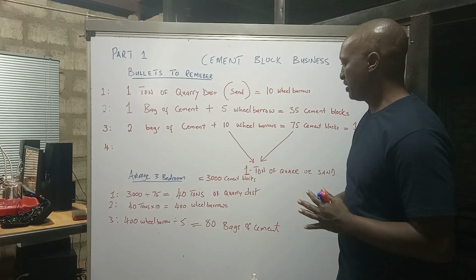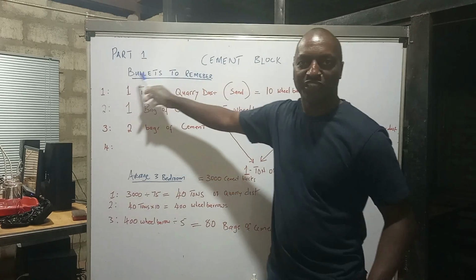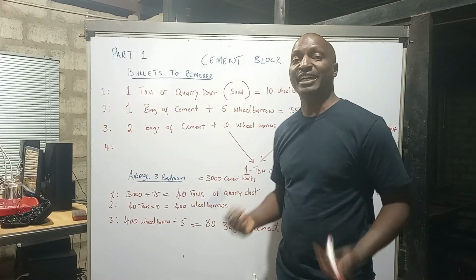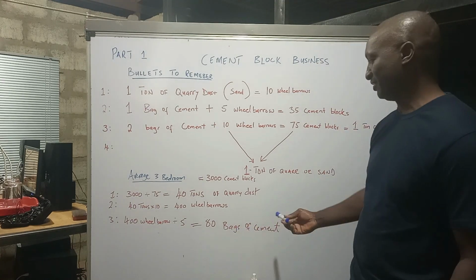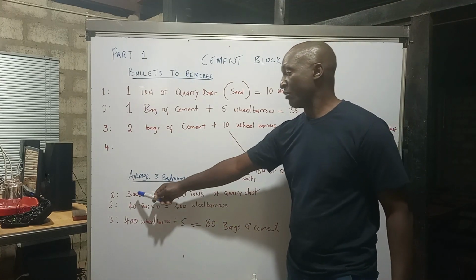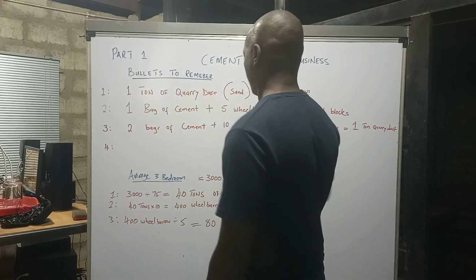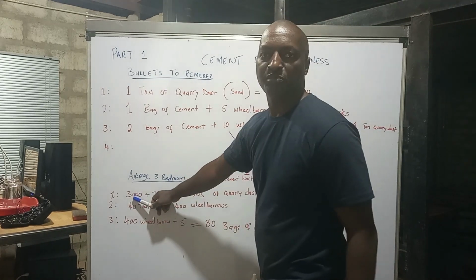And then you will also have to just add the transportation. So if, for instance, you are going to hire a 40 ton truck that will carry the quarry dust for you, you know that on 40 tons you're going to have 3,000 cement blocks.